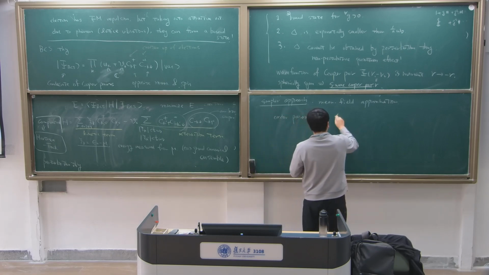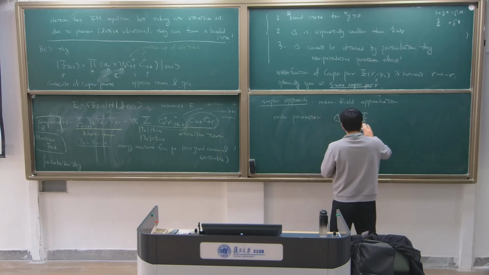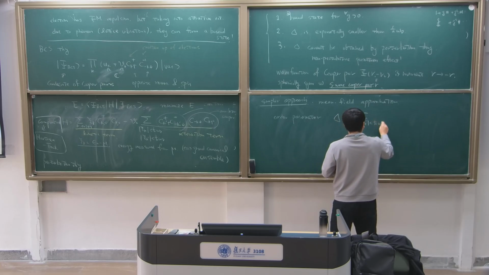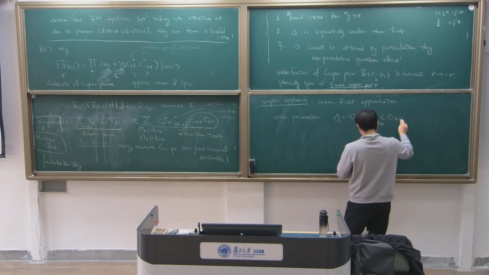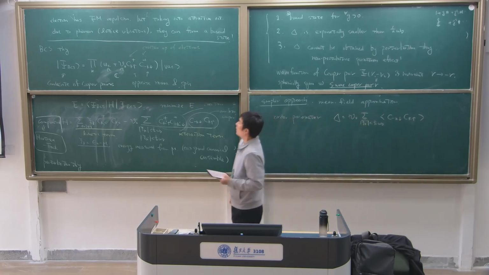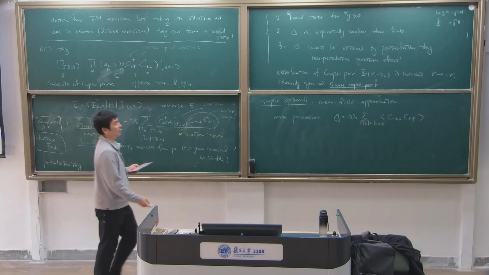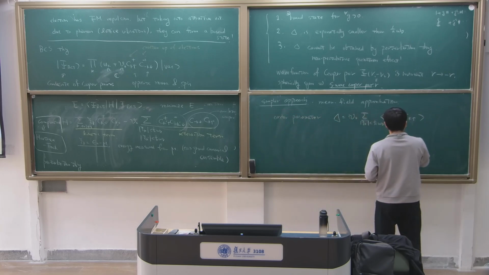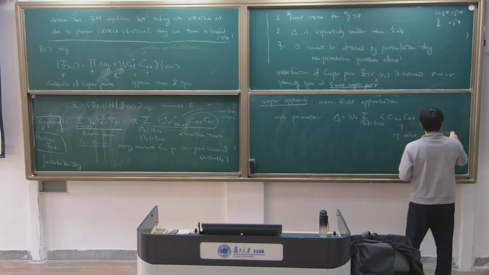Of superconductivity, which is delta, the sum over k. And note that this expectation value is with respect to this phi.